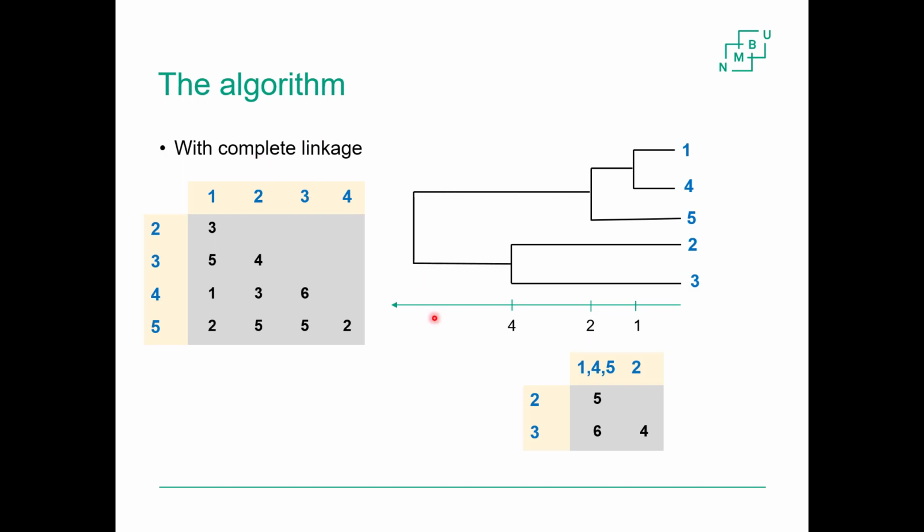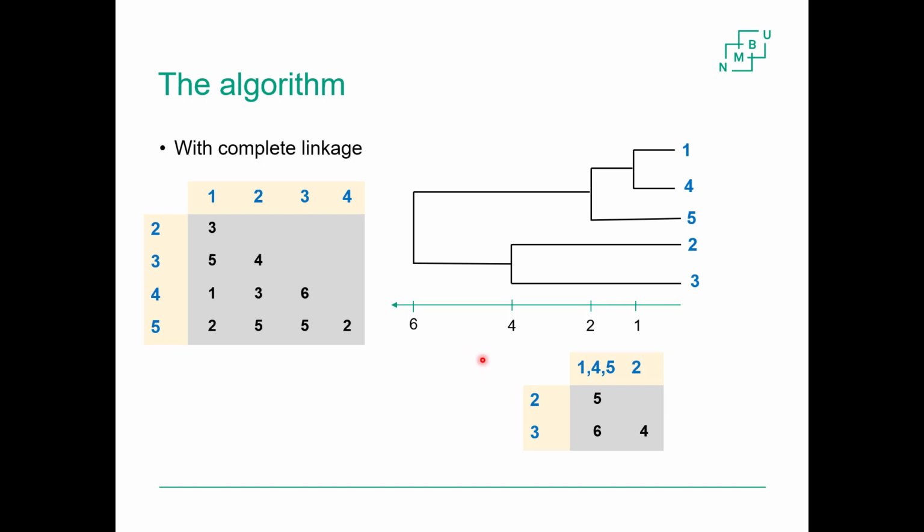So that's how we complete the dendrogram, where all the points are now connected in some way, but some with very big distances and some with smaller. And this is how the algorithm works regardless of how big the data set is.